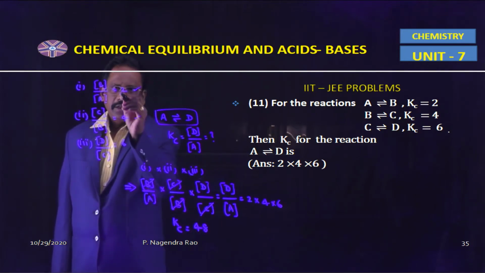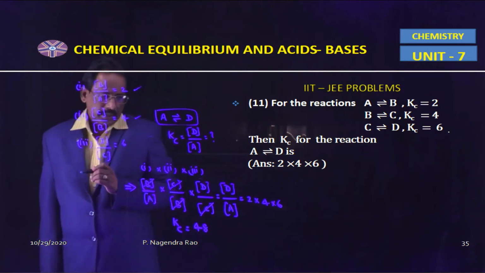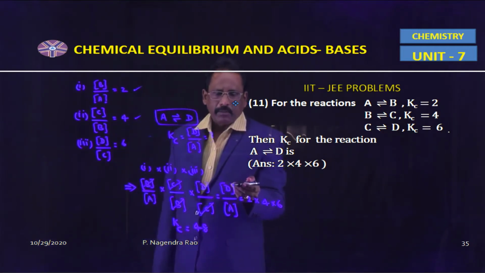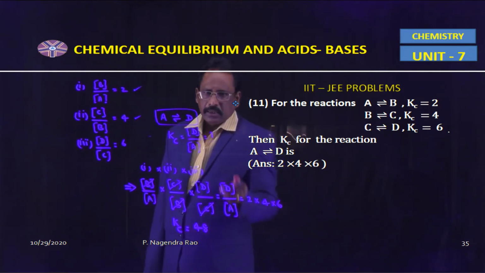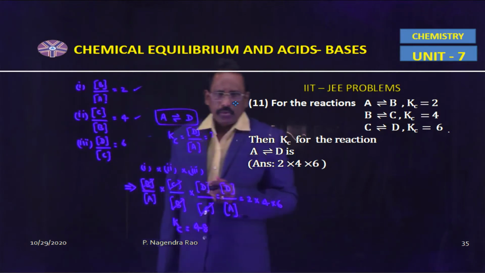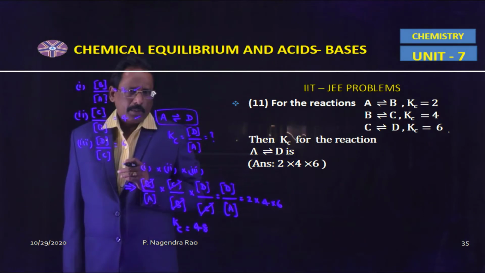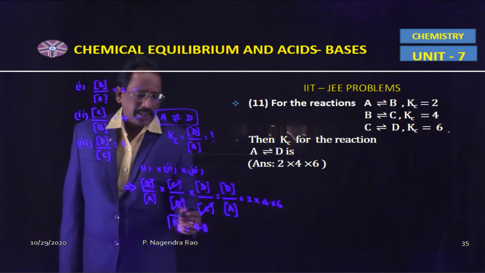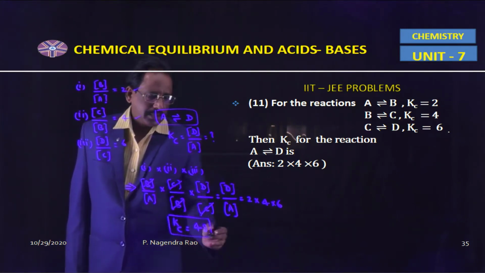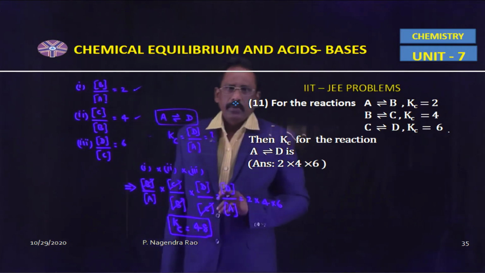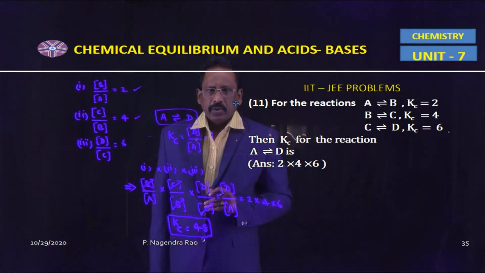Now the product of these three is nothing but the A to D change, that means active mass of D divided by active mass of A. So that ratio is nothing but Kc for this A to D change. Therefore, Kc for A to D change is equal to 2 into 4 into 6, that is equal to 48.